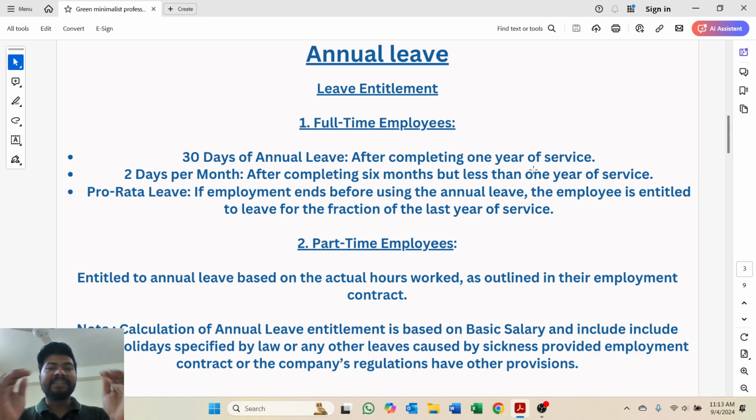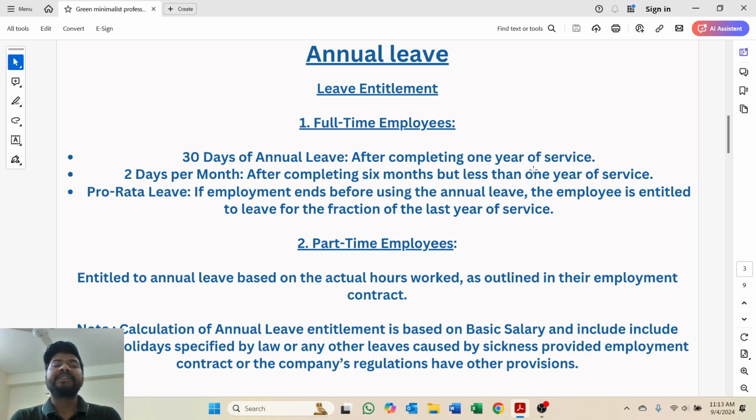To understand annual leave, let's break employees into two parts: full-time employees and part-time employees. For full-time employees, 30 days of annual leave is available after completing 1 year of service, and 2 days per month after completing 6 months but less than 1 year of service.